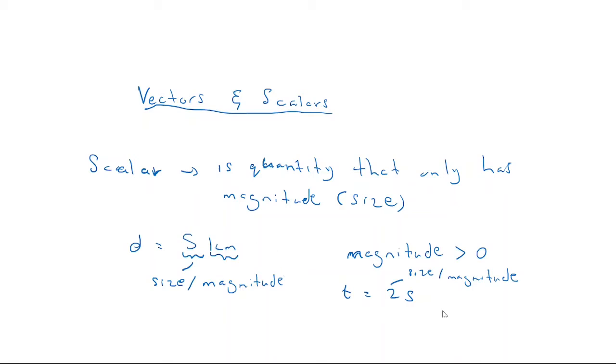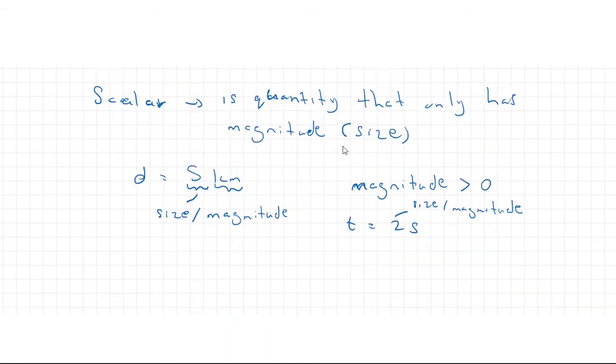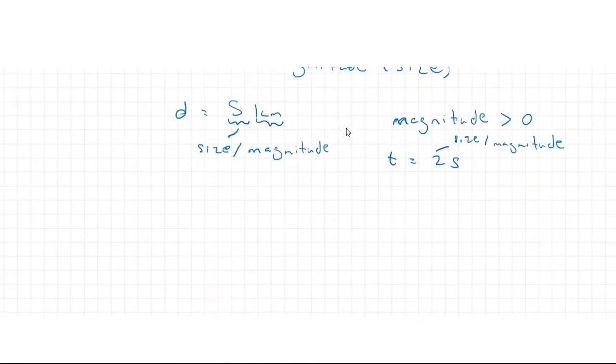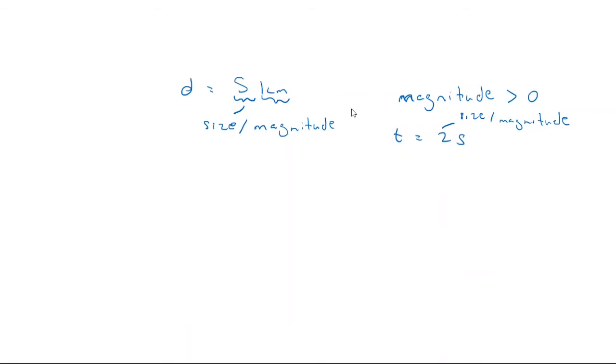Now in mathematics, and also in physics as well, we also talk of scalars, and you can just think of scalars as just numbers. So a scalar would be just a number.